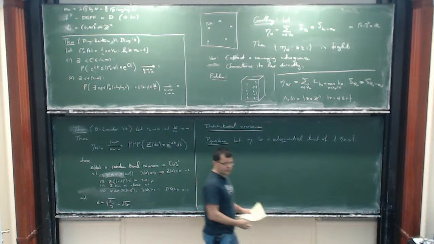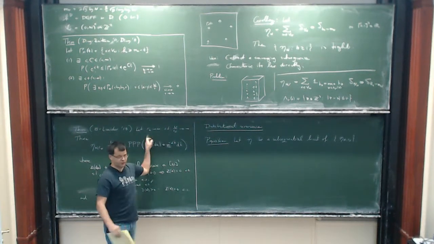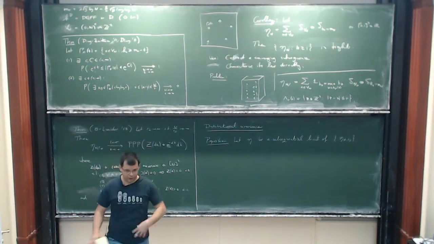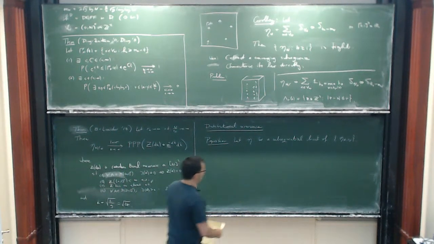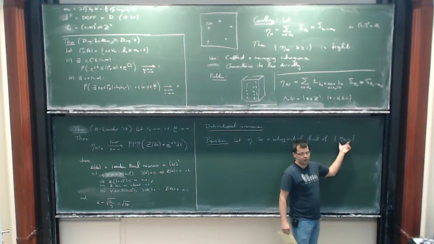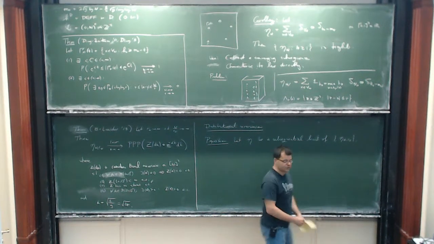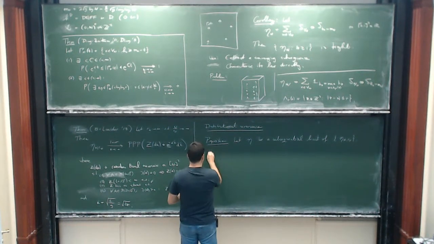I'll think of fixing the Rn to a sequence of this form, so Rn grows to infinity, but not as fast as linear. I know that this family is tight, so I extract a converging subsequence. Then the following is true.